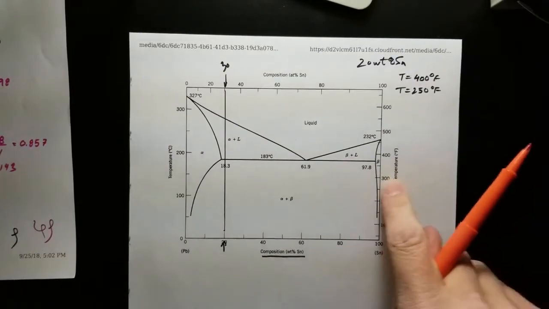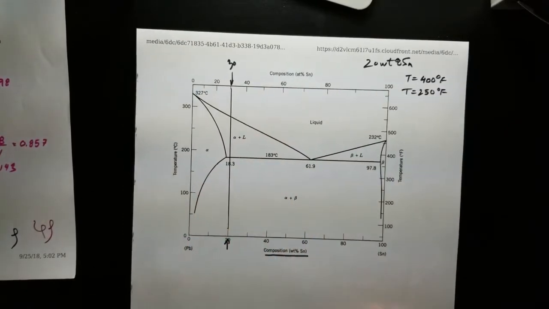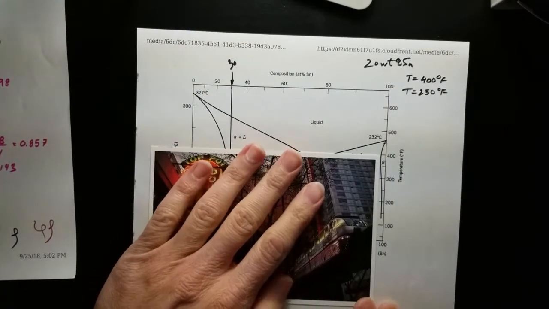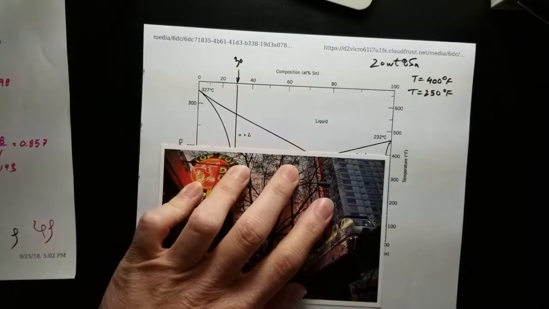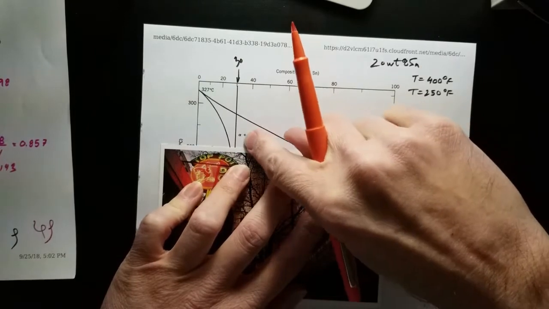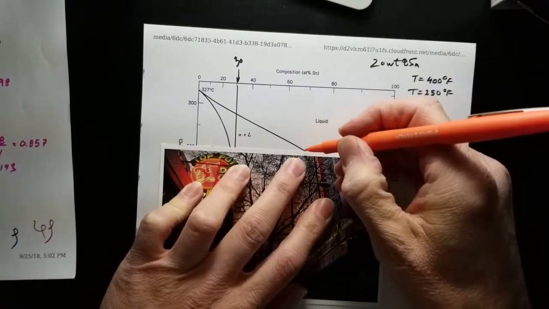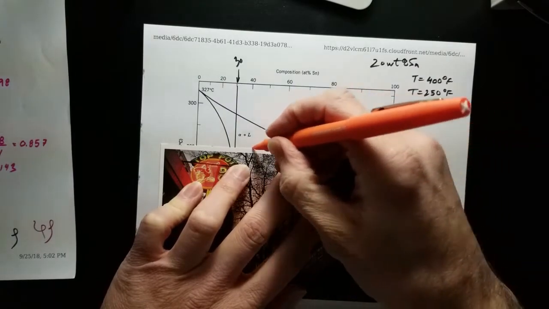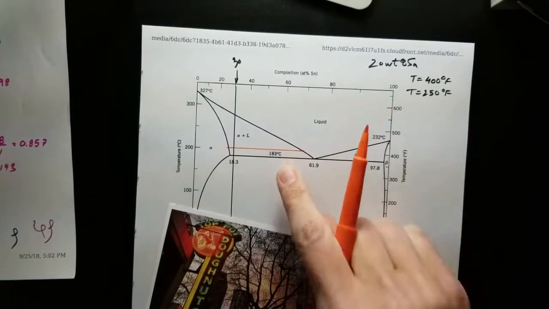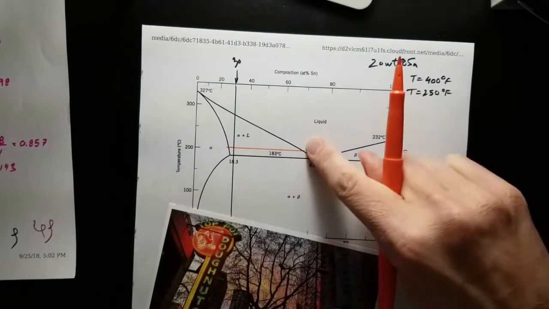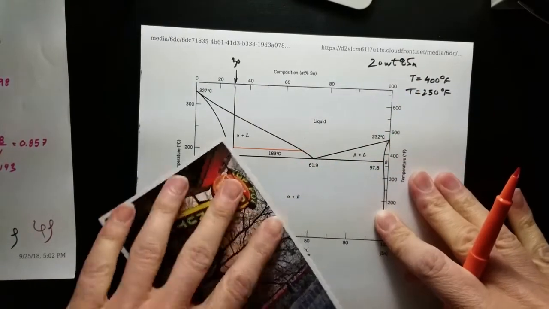And again, we have two temperature scales. We've got Fahrenheit on the right and Celsius on the left. So we're in the alpha plus liquid two-phase region. So I'm going to draw this horizontal line in that region. And then I'm going to draw verticals where our horizontal tie line touches the boundaries.